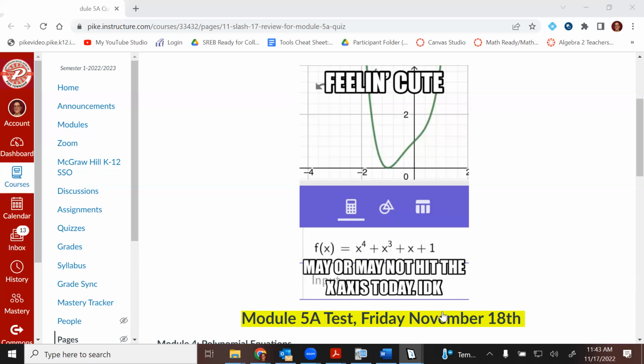I use my factored form to get my standard form. So I'm going to start with that. F of x equals 1 times x plus 3 times x plus 1 times x minus 2. I'm looking at just 2 of these at a time. I'm going to multiply just these 2 together. So I'm going to distribute x times x.